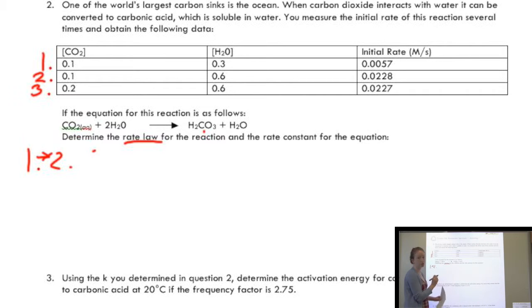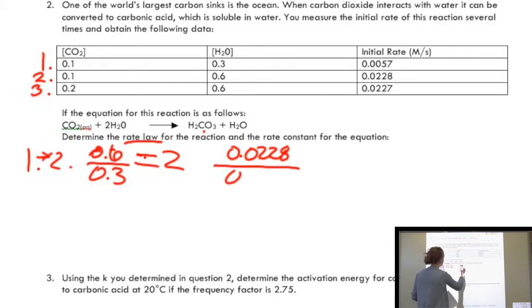carbon dioxide concentration doesn't change at all, but the concentration of water does. So if you do 0.6, that's the new concentration, divided by 0.3 equals 2, so the concentration of water doubled.